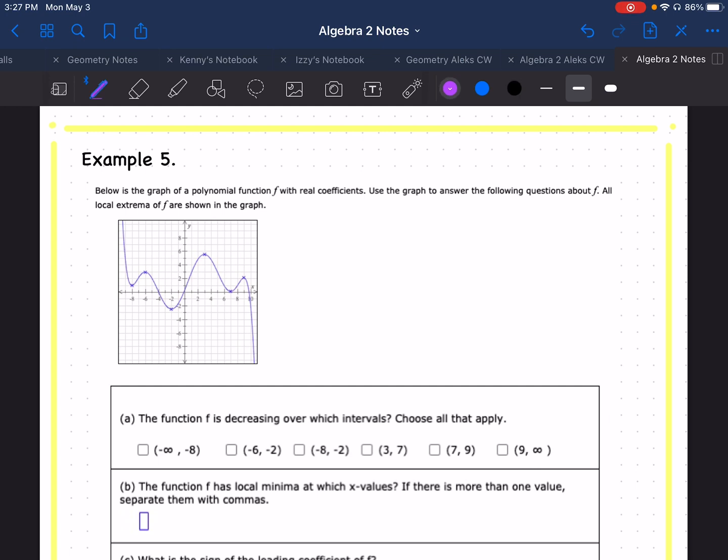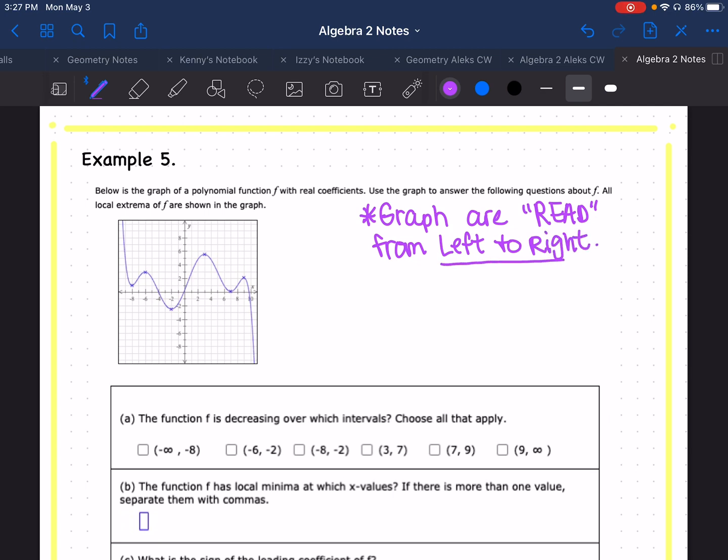Remember from the beginning that we talked about how we read graphs from left to right, just like we would a book, just like I did that sentence.